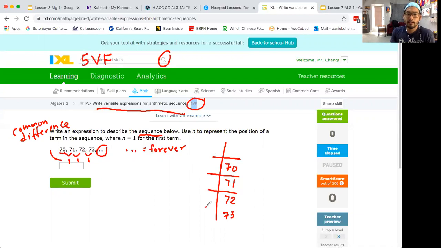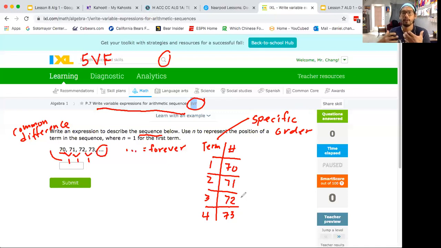I'll put the term over here and the number over here. This is the first term, the second term, the third term, and the fourth term. So term just means the specific order of the number. The first one is 70. The second one is 71. The third one is 72, so on and so forth.